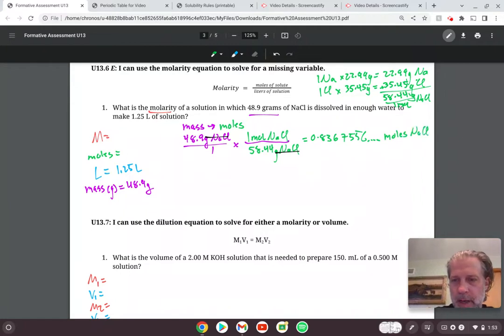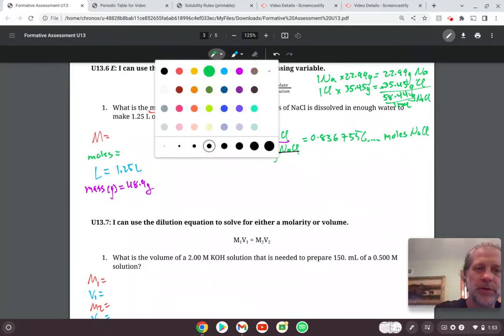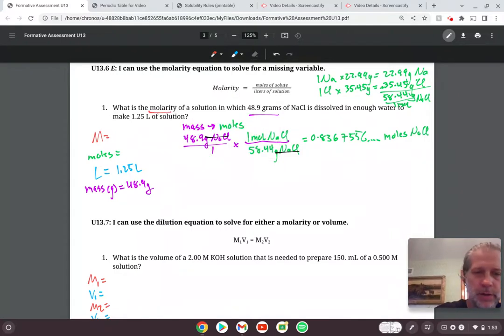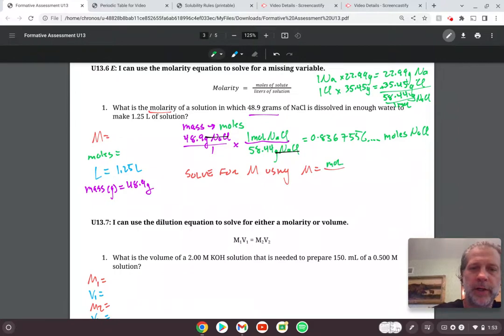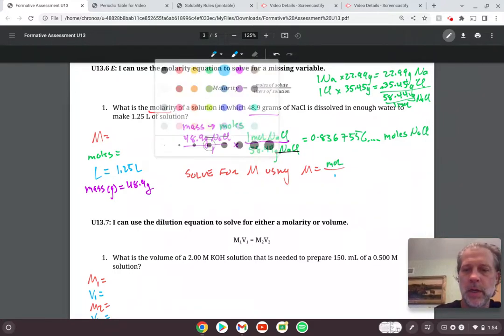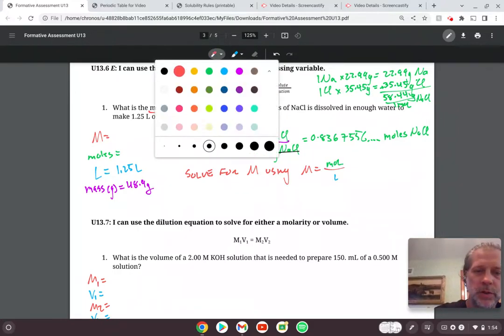of NaCl. Next, we're going to use the molarity equation. So solve for molarity using molarity is equal to moles over liters. So I'm going to use that formula.